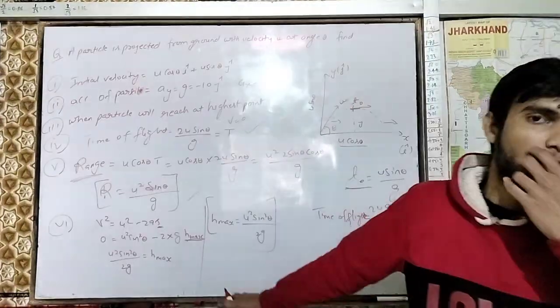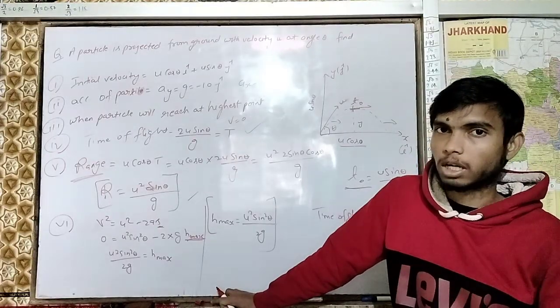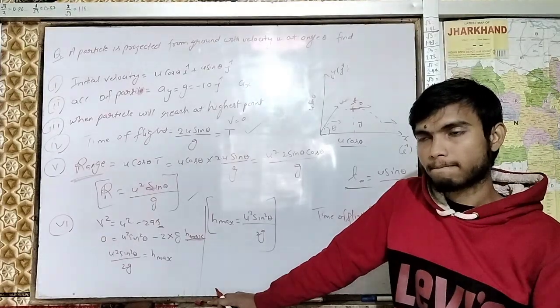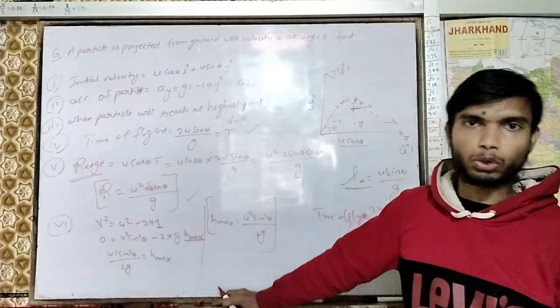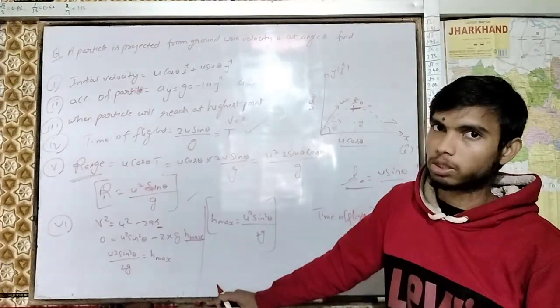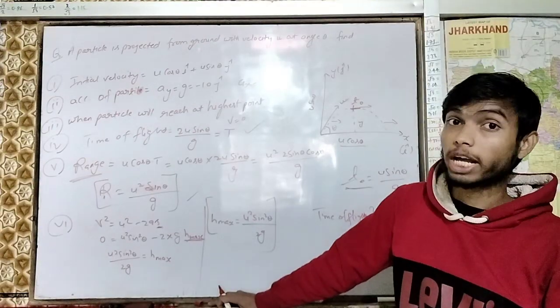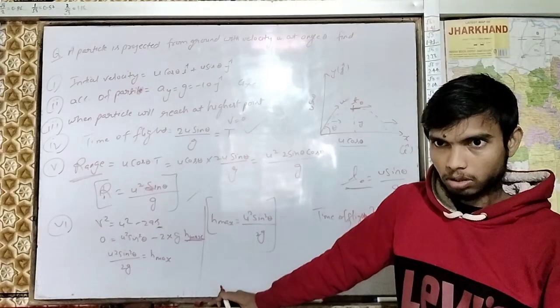For range, u square sin 2 theta upon z. For T naught, u sin theta upon z. For time of flight, 2u sin theta upon z.